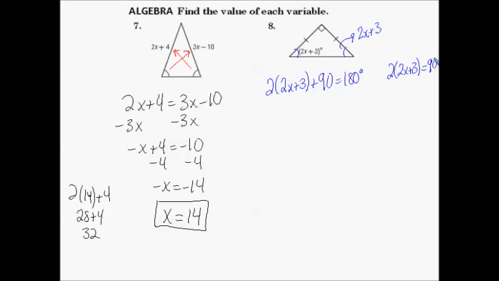It's going to be the same thing. But if you recognize that that's 90, that means there's only 90 left, then you don't have to go further. Now, you could distribute that too. Or you can realize that if 2 of them equals 90, that means one of them has to equal 45.